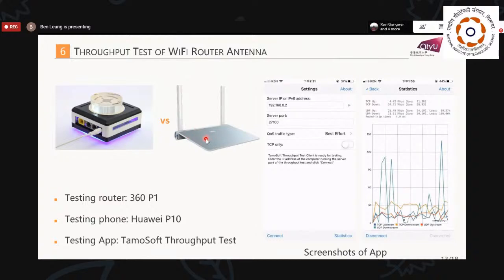In fact, we bought several 360 P1 routers, and one of the routers has had its PCB removed to transfer to our Wi-Fi router design. And we have a phone for sending Wi-Fi signal. And we use an app to measure the reception of the Wi-Fi signal. Now, this is the screenshot of this app on the mobile phone.